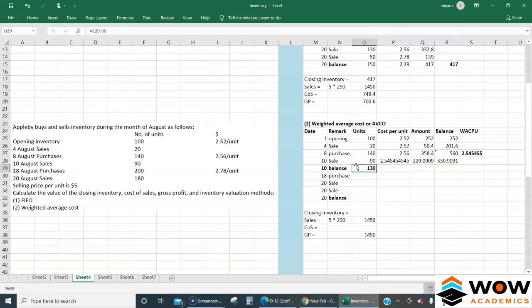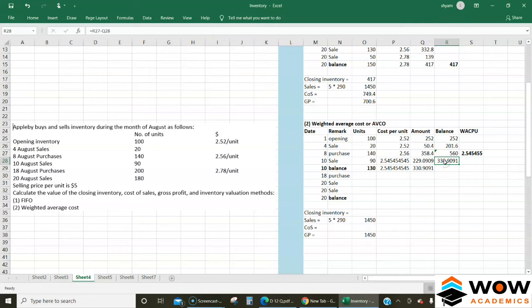Okay, so 130 units are there. 130 units should be held at the average price only. So average price is this, and the amount would be this much. That is actually the closing balance here.